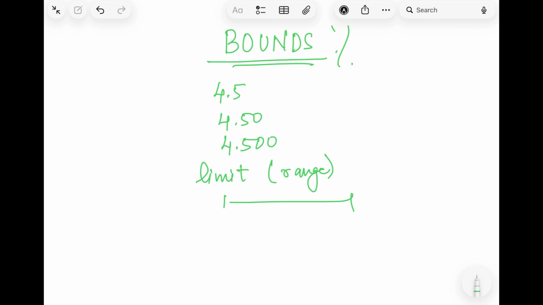So when we talk about a range, there are two things that come into our mind. The first one is minimum and the other one is maximum. Bounds tell us about the minimum and maximum, right?